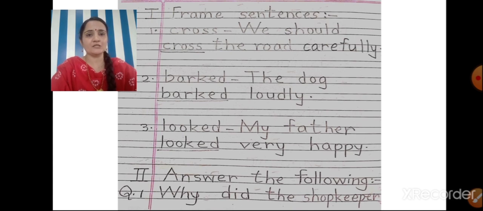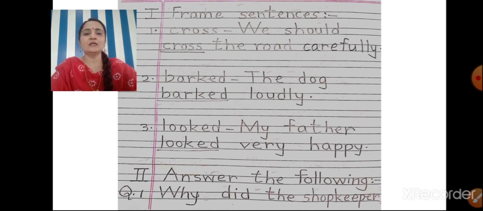For that, first leave one line and write Roman number 2. See here how teacher has written, and write Roman number 2. Answer the following. Children, are you writing? You have to finish your work. Write fast. ANSWER, answer the following, FOLLOWING.